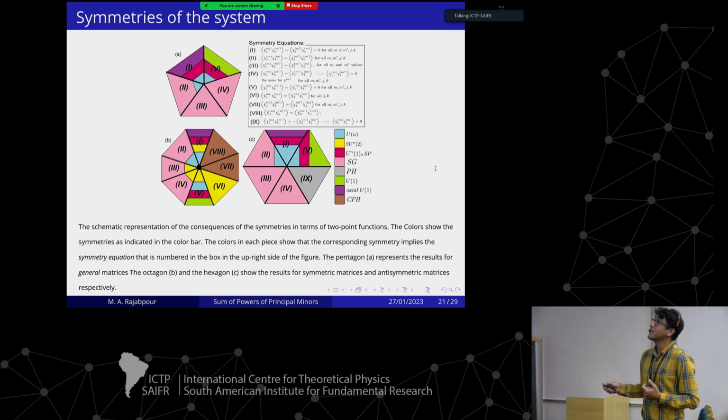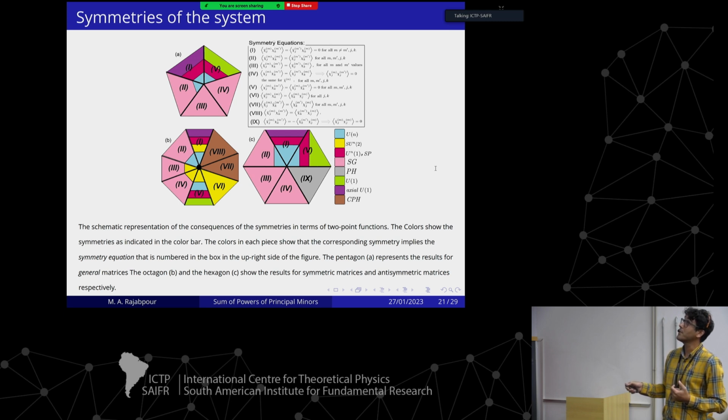So here is a schematic of what these symmetries do. For example, this is for general matrices. If, for example, UN does this kind of thing, it forces this kind of relation for the correlations of chi bar and chi.